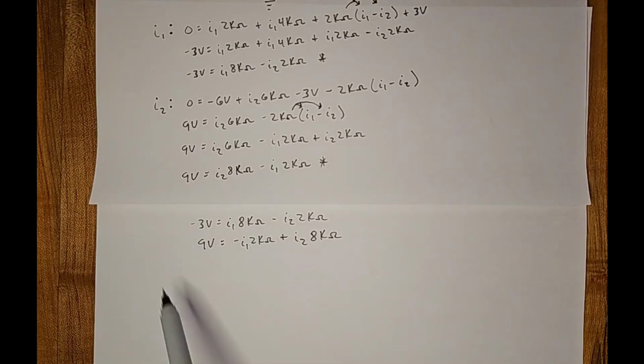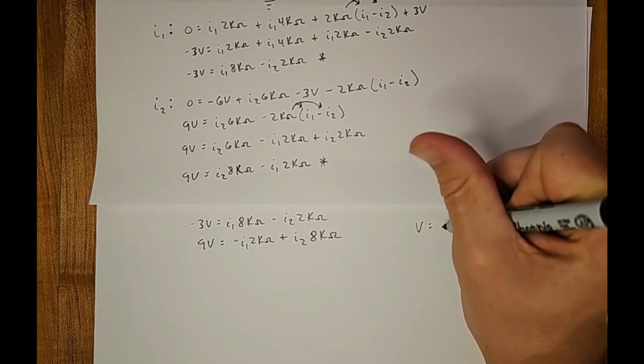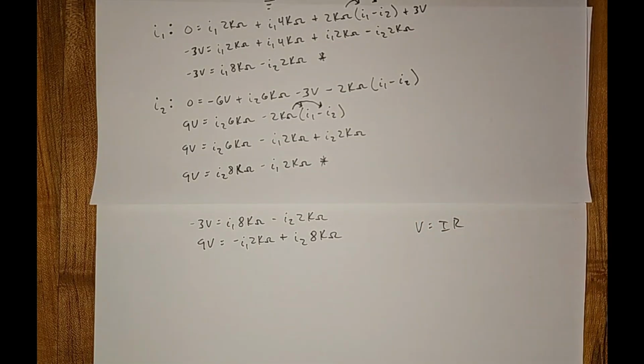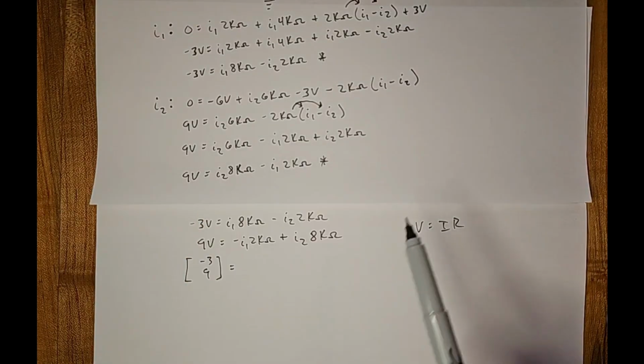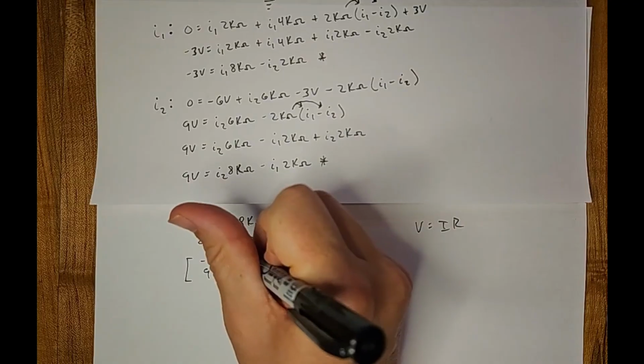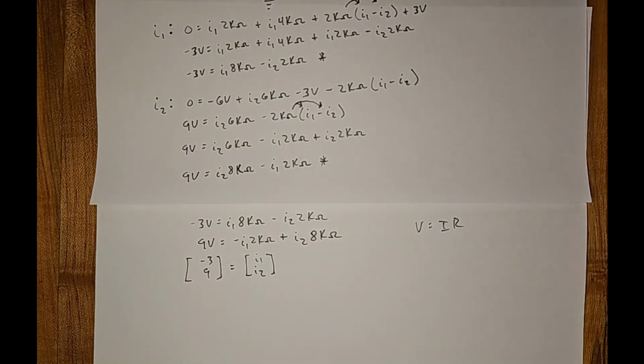Now we can make a matrix out of this. Let's do a matrix of Ohm's law, V equals IR. Let's start with a 2 by 1 matrix of volts. We're going to have -3 and 9 equals our currents, which are I1 and I2. Currently, those are the unknowns.